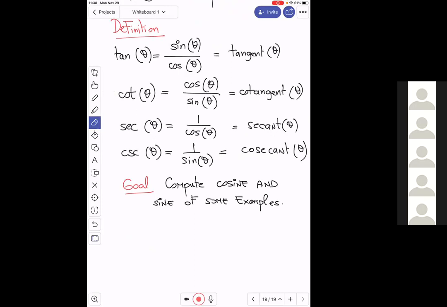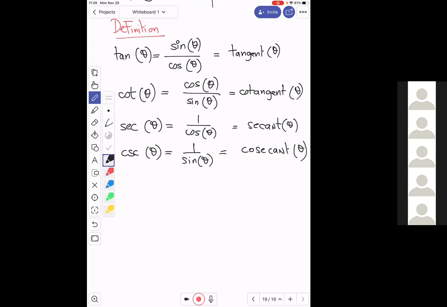Let me just erase this. That's a good point. But I don't want to really focus on tangent, cotangent, etc. I'm going to just focus on sine and cosine. But you're right.